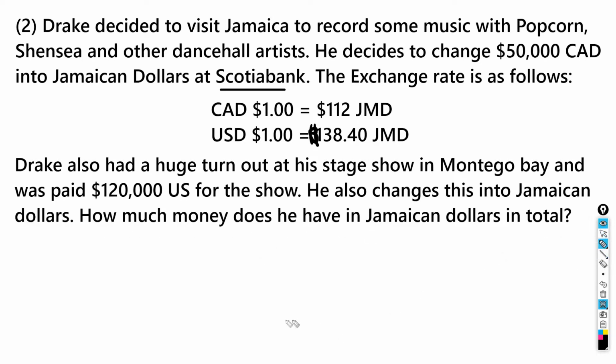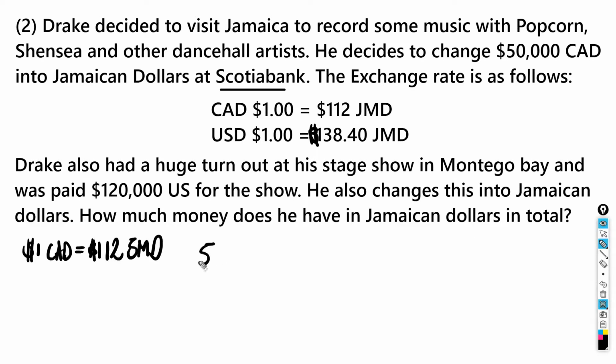All right. So the first thing we're going to calculate is the 50,000 Canadian dollars he changed at the bank, right? We know that 1 Canadian dollar is equal to 112 JMD, right?